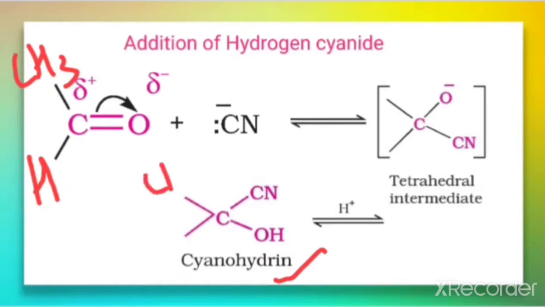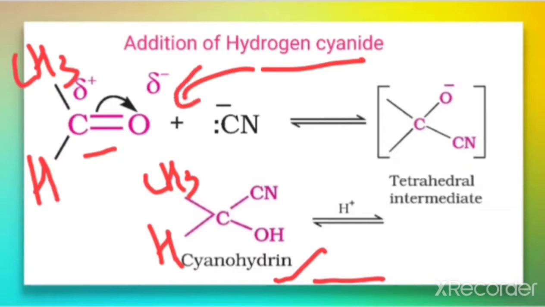You just need to keep CH3 and H here, and the product is ready. The name given for this product is acetaldehyde cyanohydrin, because you are doing the addition of HCN to acetaldehyde.